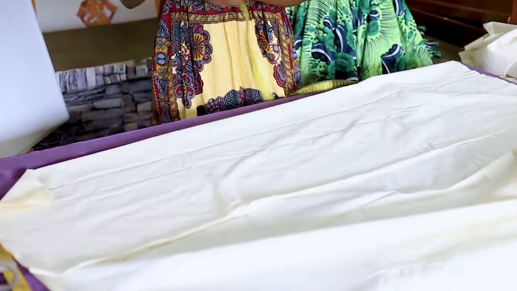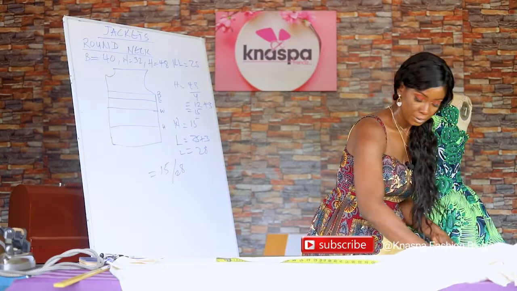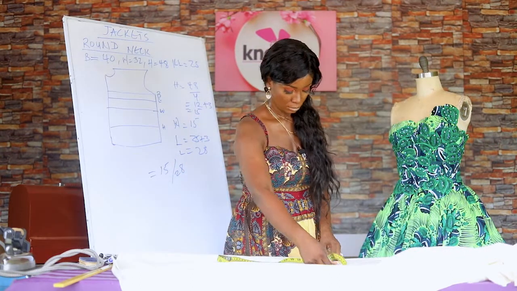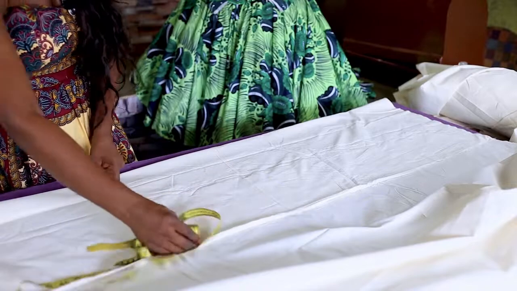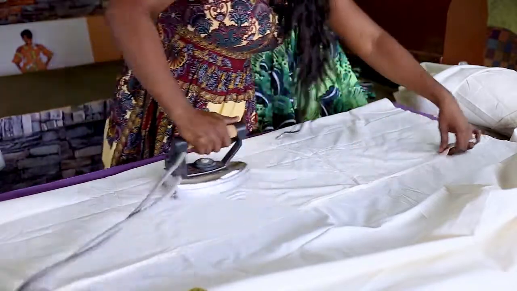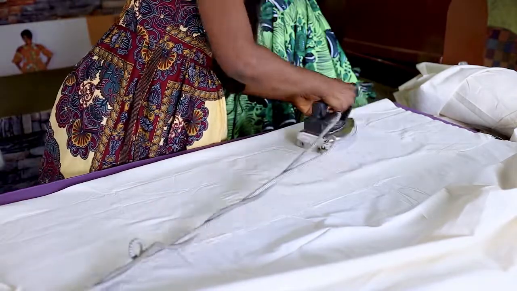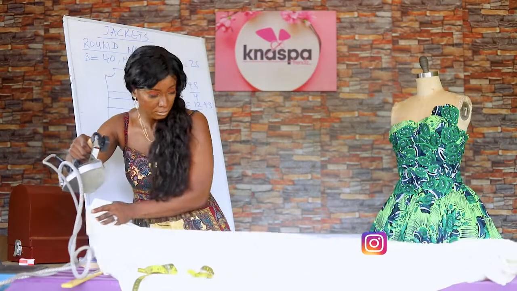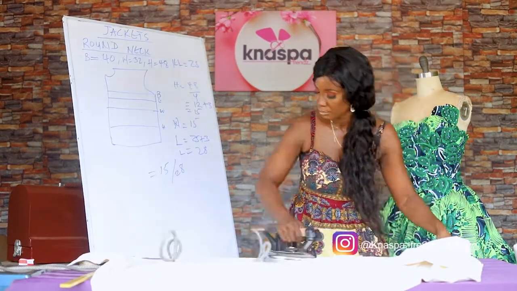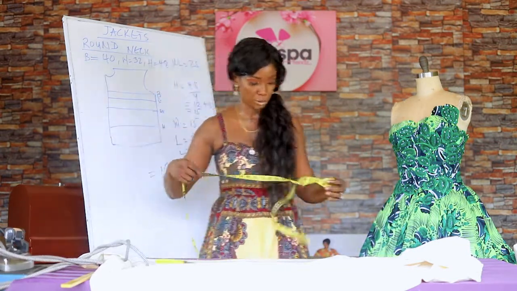So we need 15 inches on fold. So I'm going to measure 15 inches. If it's too much, draw it back. 15. You can press the end to make it flat, so that you can get it a little straightened.